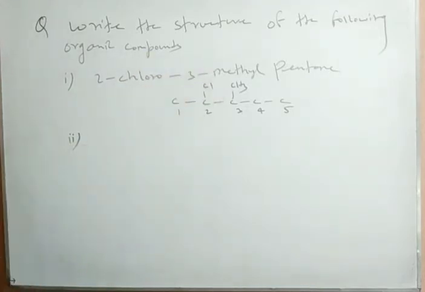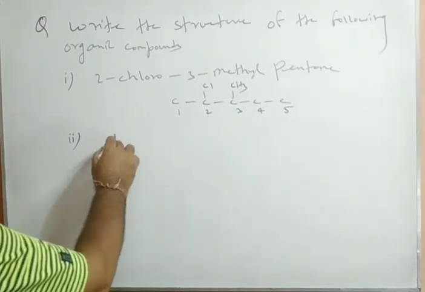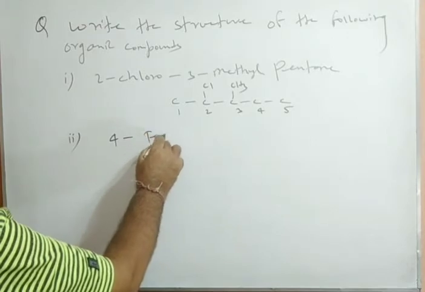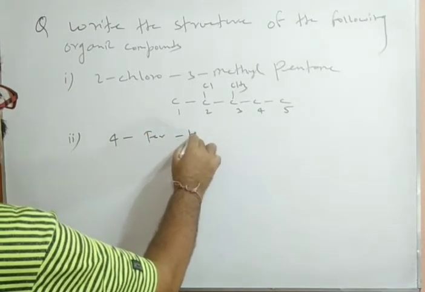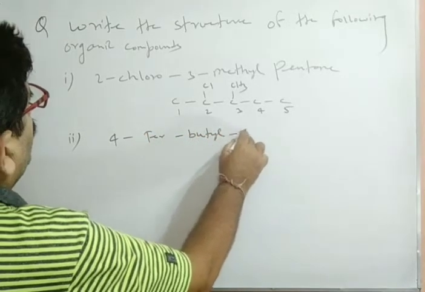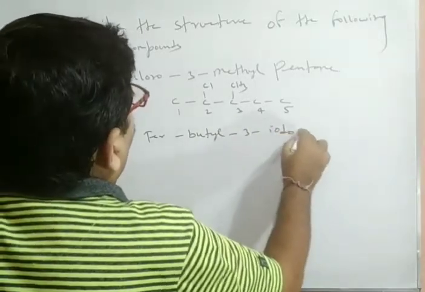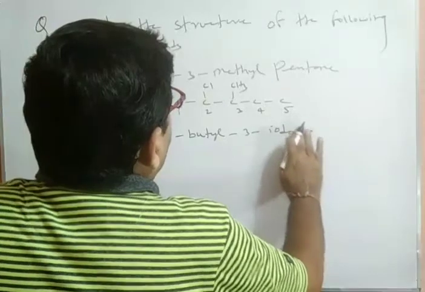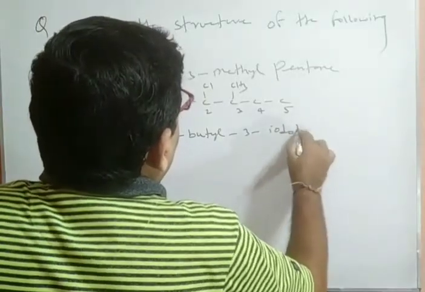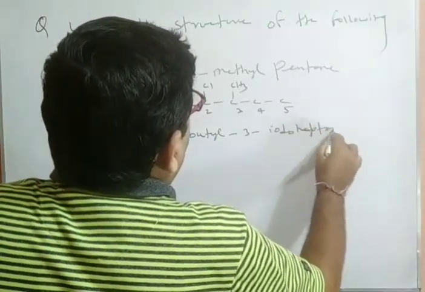Suppose your NCERT second question, like 4-tertiary-butyl-3-iodoheptane.